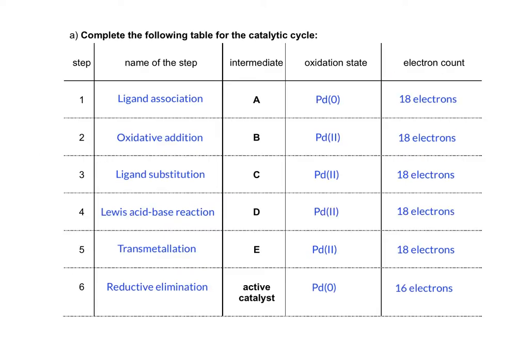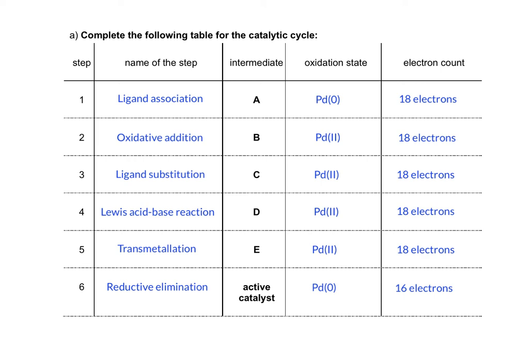First of all, note that most of the intermediates involve 18 electron complexes. Only the reductive elimination to generate the active catalyst gives a 16 electron intermediate, which in a ligand association in step 1 returns to a stable 18 electron configuration.